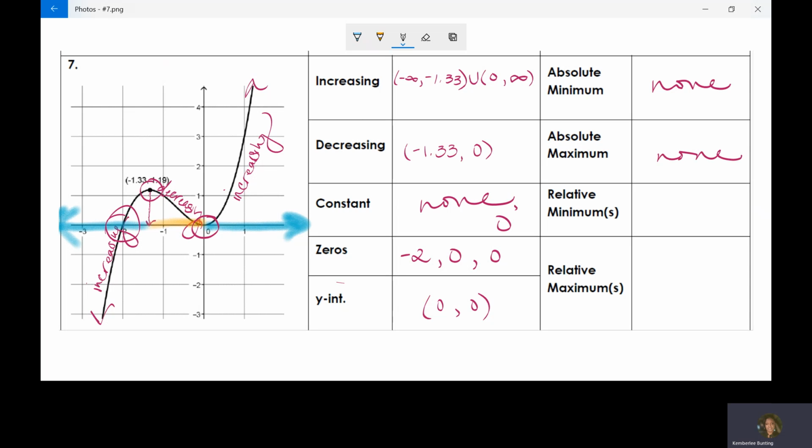Is there a relative minimum or maximum value? That's right. For relative minimum, it is located at 0, 0. And the relative maximum will be located at -1.33. And what is that, 1.19?